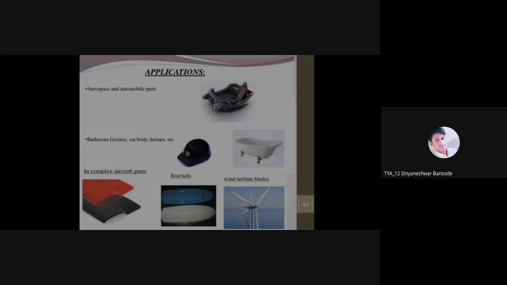These are some of the applications of compression molding, but some complicated shapes, aerospace and automobile parts, bathroom fixtures, car bodies, helmets, boat hulls, wind turbine blades. If you check the wind turbine blades, boat hulls, and aerospace and automobile parts, these parts are very delicate, not delicate in terms of strength, delicate in terms of what we can say.